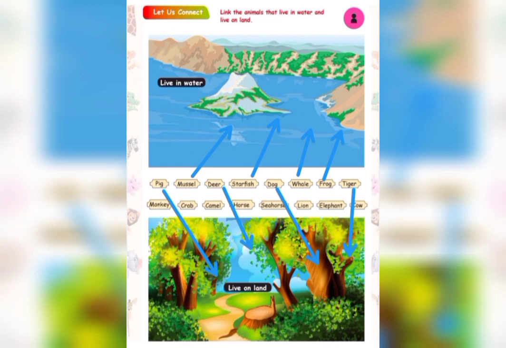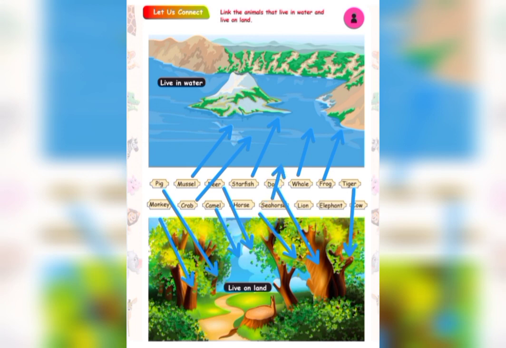And see in the second line. First one, monkey can live on land. Crab lives in water. Camel, land. Horse, land. What about seahorse?